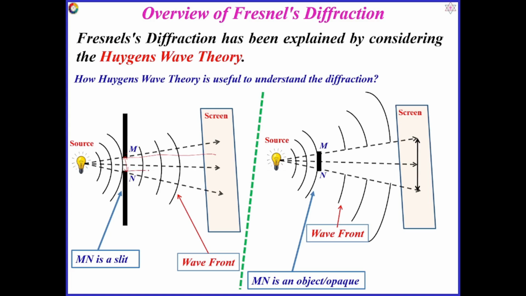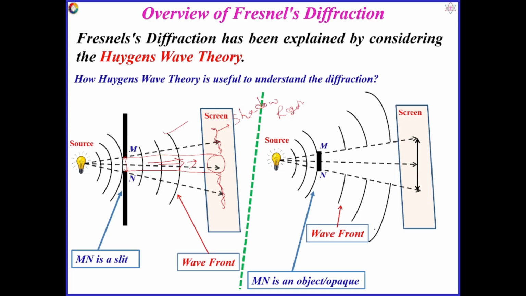One can expect that light will travel along this direction and illuminate only this portion of the screen, and this portion will not be illuminated, because here we consider that light travels along a straight line path. So this region and this region are called the shadow region for this case.